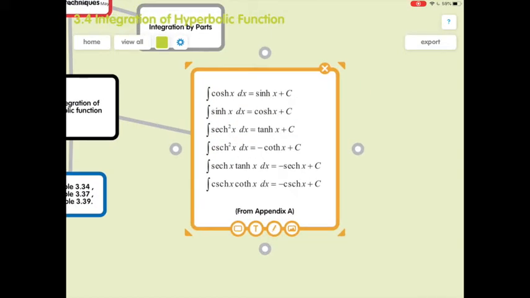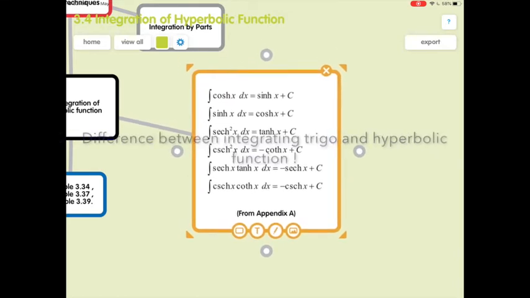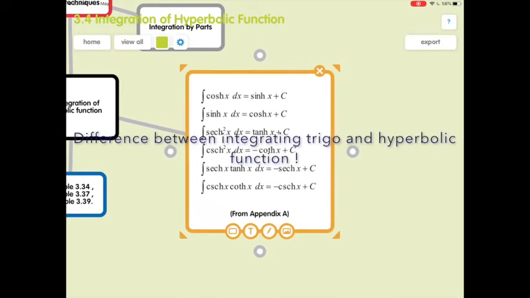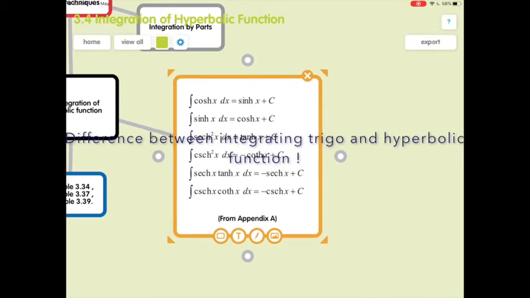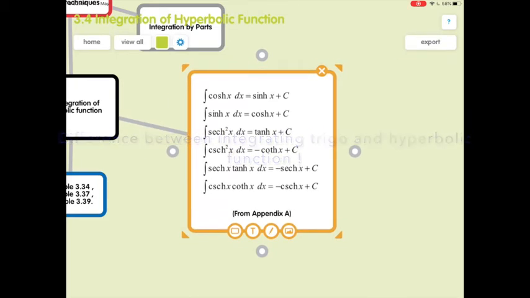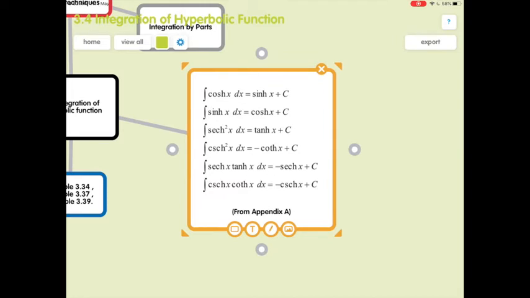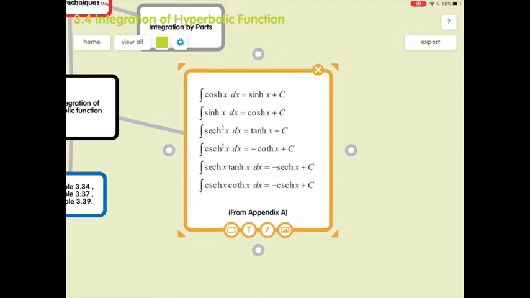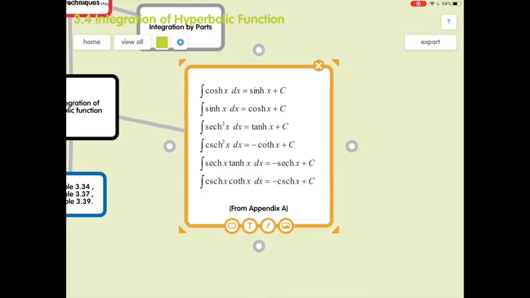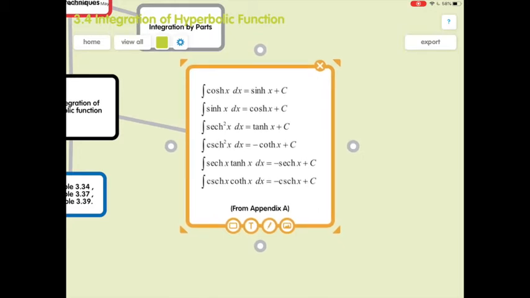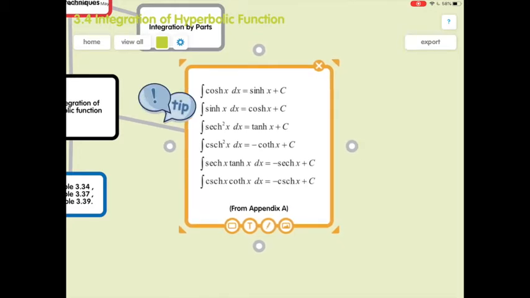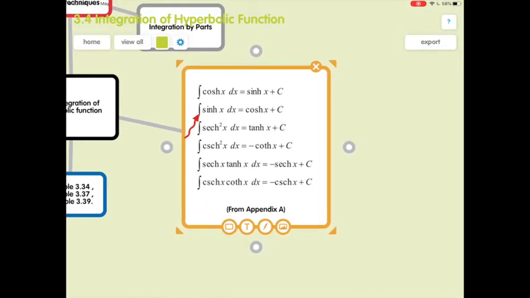Now I would like to mention the difference between hyperbolic and trigonometric functions when you integrate them. In trigonometric functions, if you integrate sine, you will get negative cos. But in hyperbolic functions, if you integrate hyperbolic sine, you get hyperbolic cos.